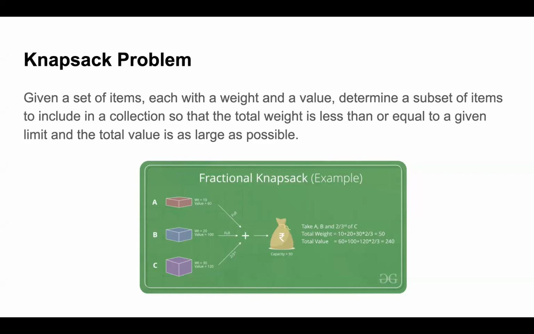So what we will do is, we will take whole A, which will take the capacity of this knapsack by 10. A will be placed here totally. Then B's weight is 20.